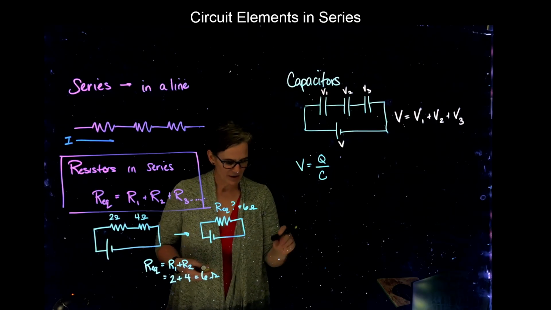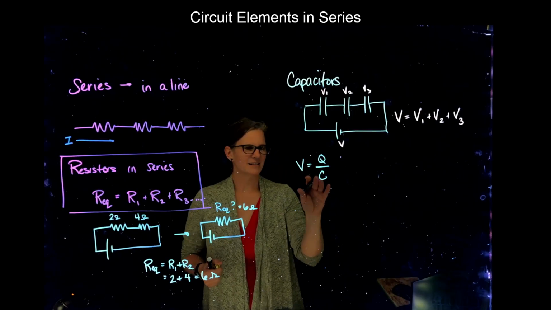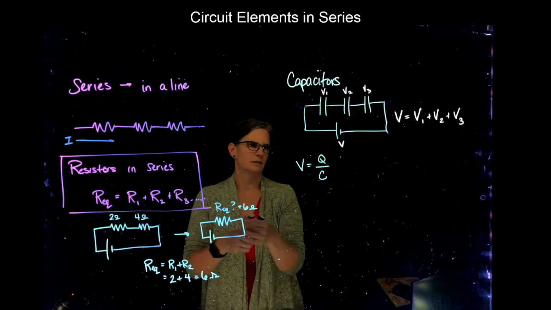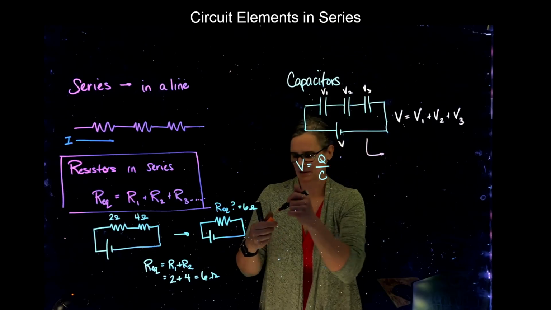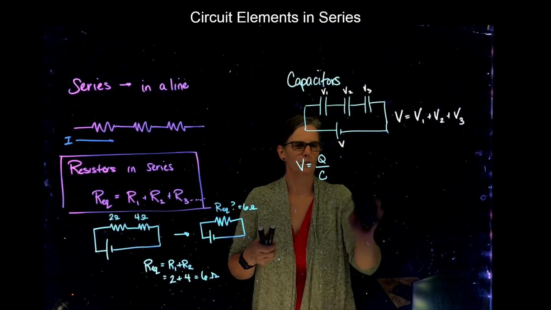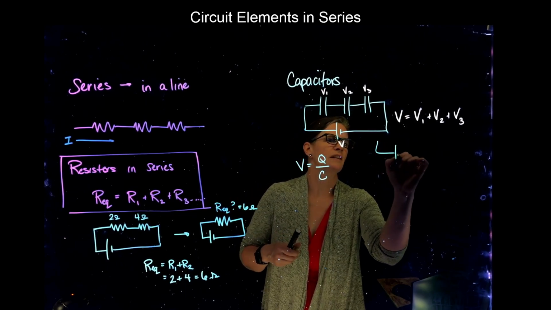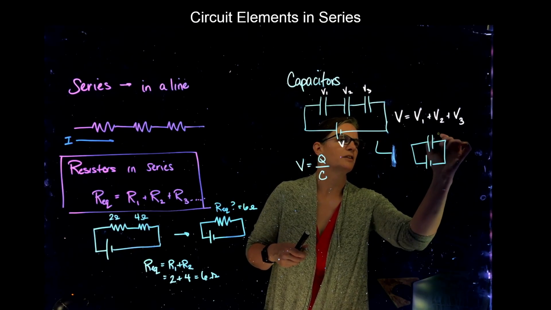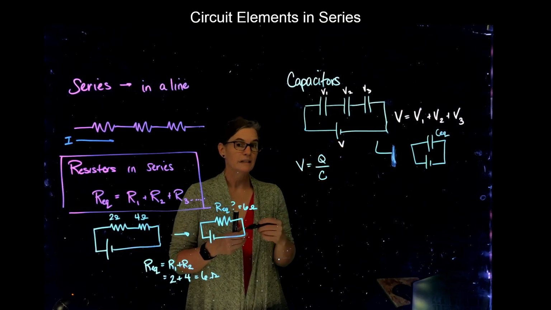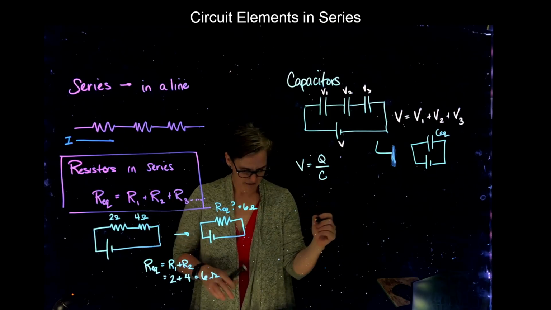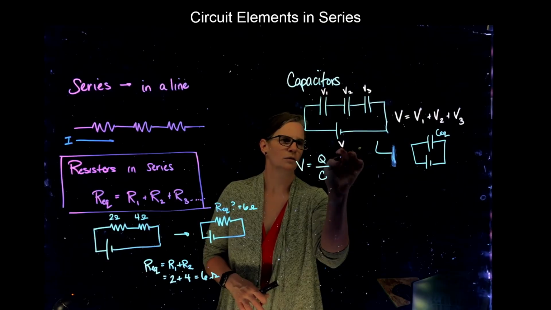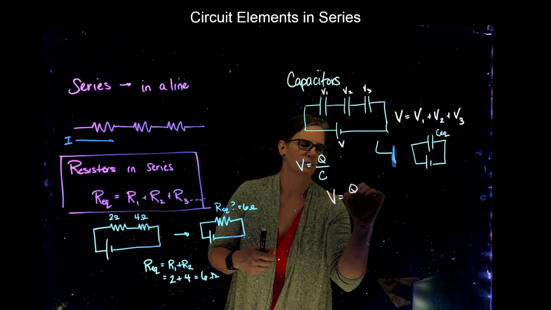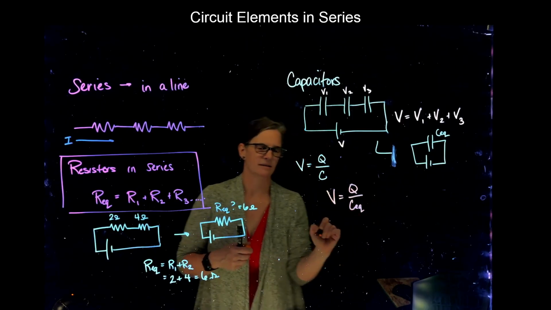If I want to convert this circuit into an equivalent circuit with a single capacitor of equivalent capacitance, then this voltage V, the voltage from the battery, has to equal Q over the equivalent capacitance.